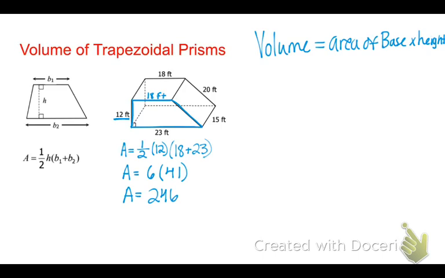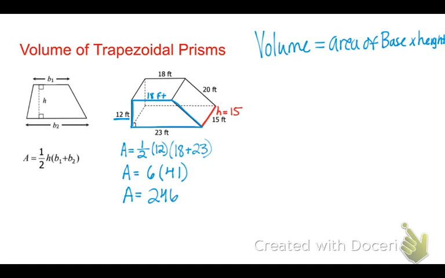The height of our prism, remember, is between our two trapezoids. In this case, our height, which I'll call h, equals 15 because that is the distance between our two trapezoids. It is the height of the prism.